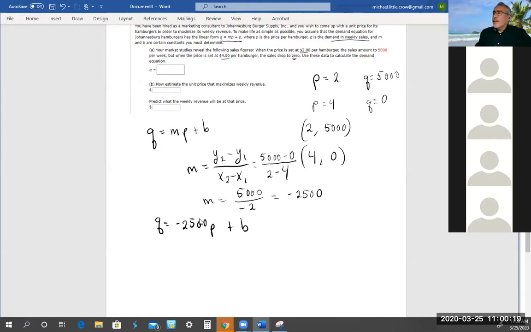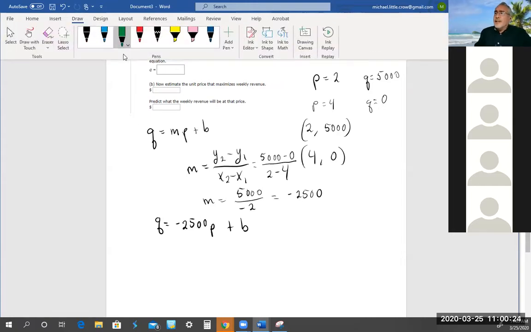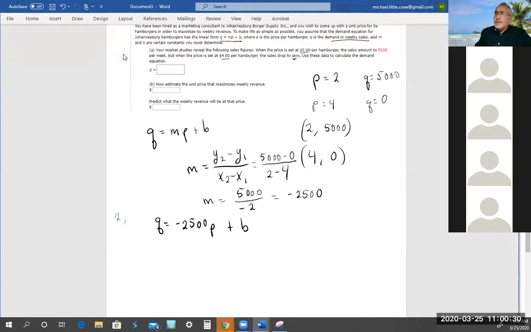Okay, so I'm going to take this point, let's change color. I'm going to plug the 5,000 in for Q. Q is 5,000 minus 2,500, plug in 2 for P. So we get 5,000, this is negative 5,000.